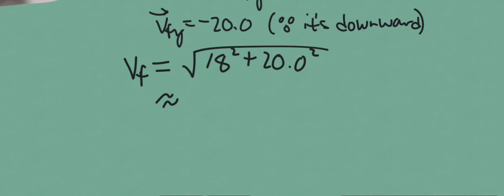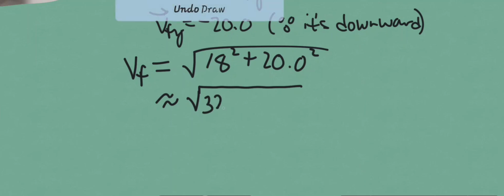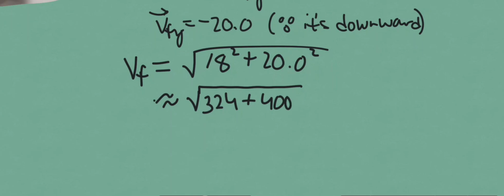So let's just work that out. That's 324 plus 400. 18 squared is 324. 20 squared is 400. That's 724. Well, it's still approximate because that 20 was rounded, so that's fine.